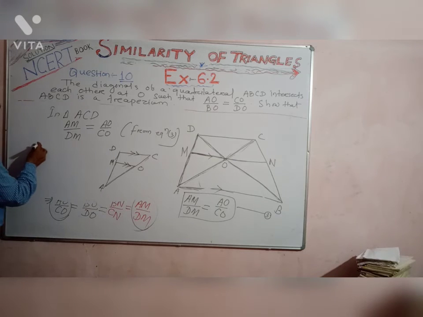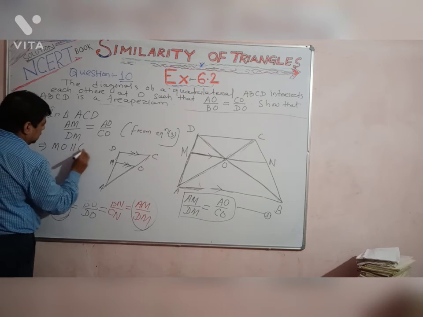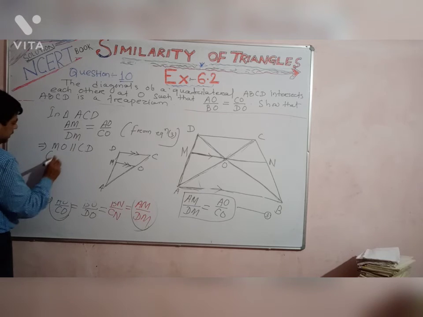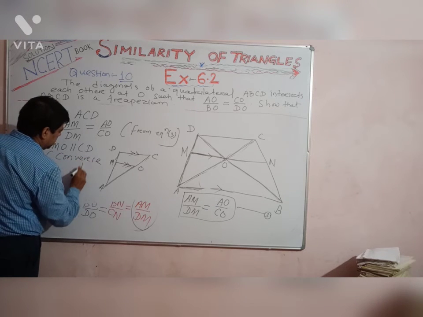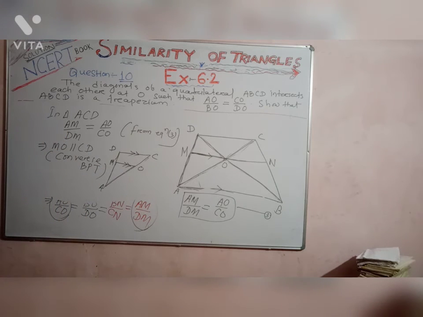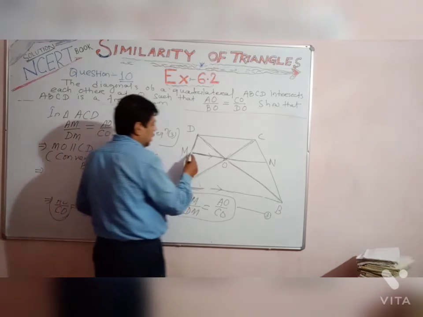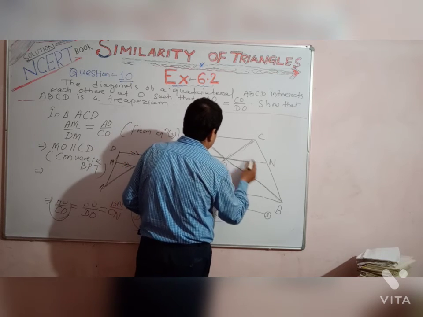We can write MO parallel to CD by converse BPT. And since MO is parallel to CD, and MO means what? MN or not? Because MO is a part of MN.